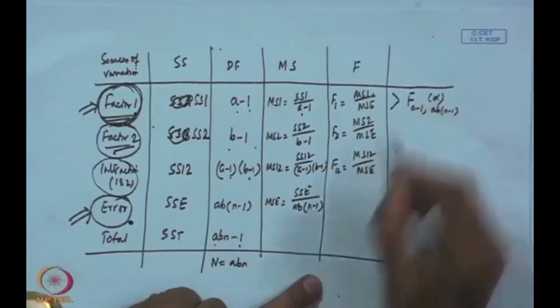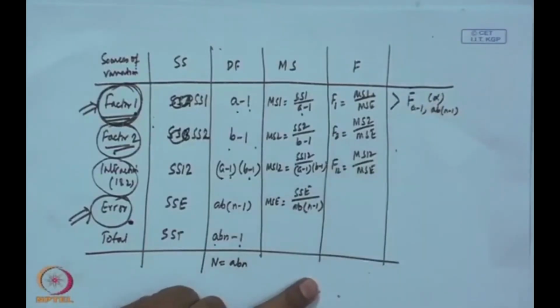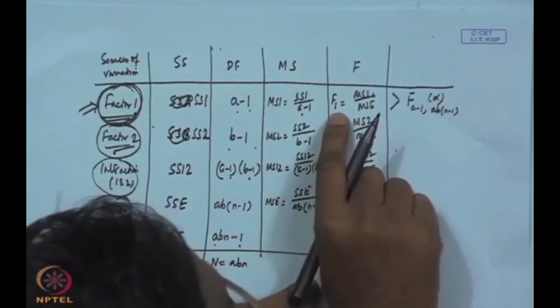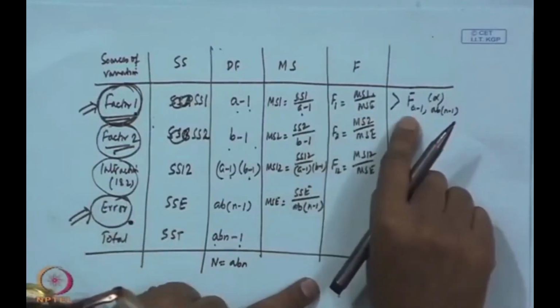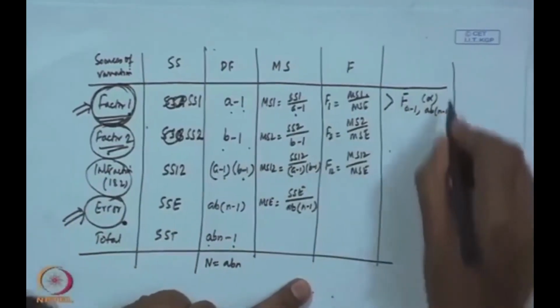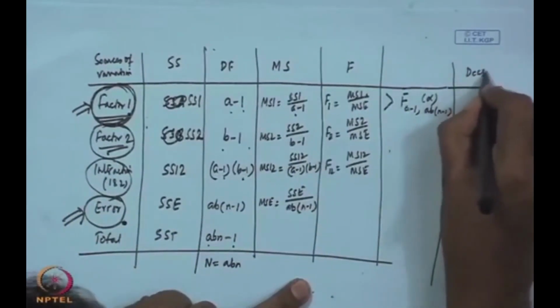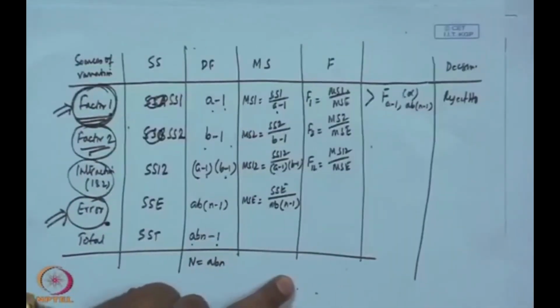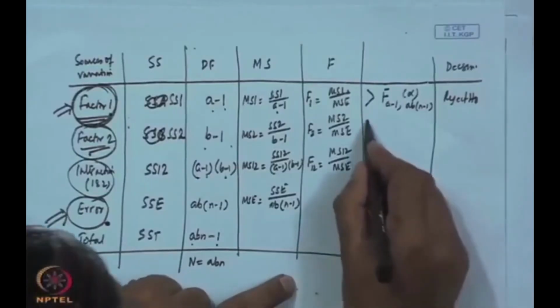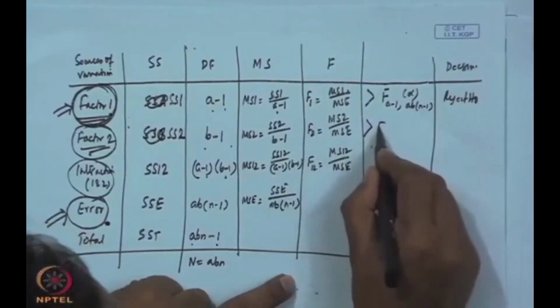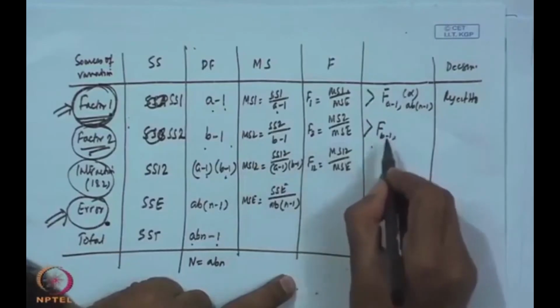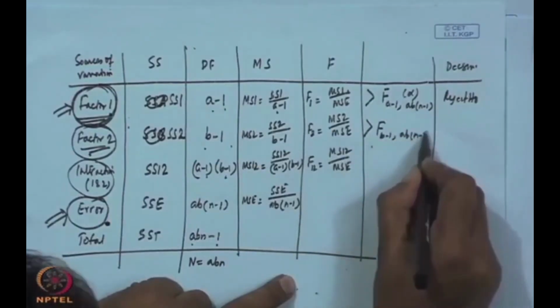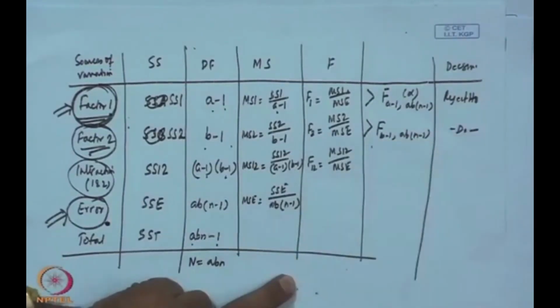If this alpha, this is the case. So, if computed F is greater than the tabulated F, then what will be your decision? Reject H0. Similarly, if this one is F with B minus 1 and AB(n minus 1) degrees of freedom, do it.